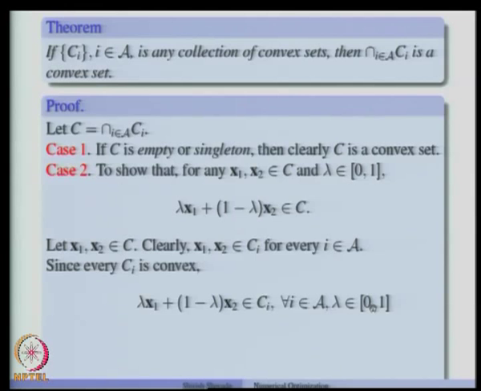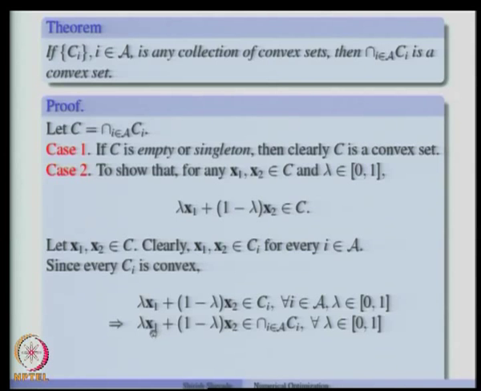This is because every Ci is a convex set. That means that if we take a line segment joining x1 and x2, it lies entirely within the set Ci for every i. So the line segment joining x1 and x2 should also lie in the intersection of these Ci's, because it belongs to every Ci.